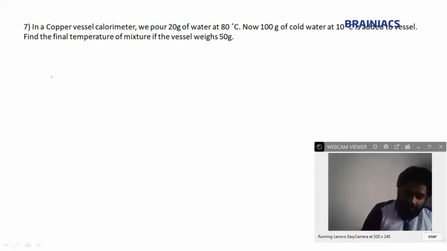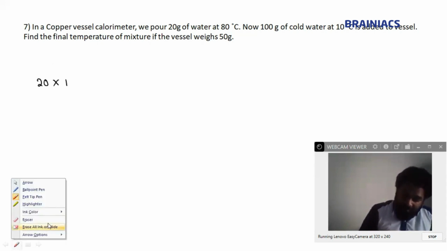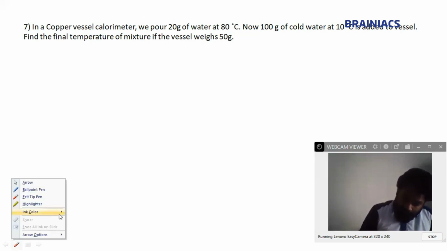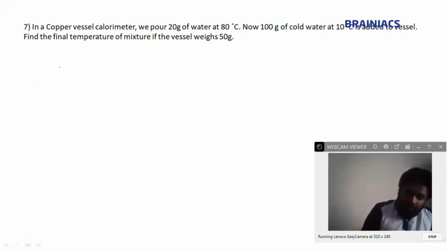Okay, so left hand side, 20 gram of water, 20 into its specific heat capacity. Okay, let me write the formula once.